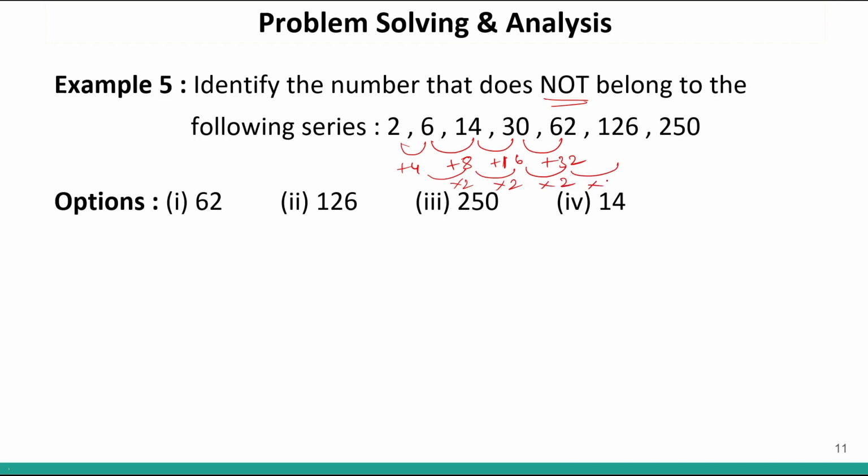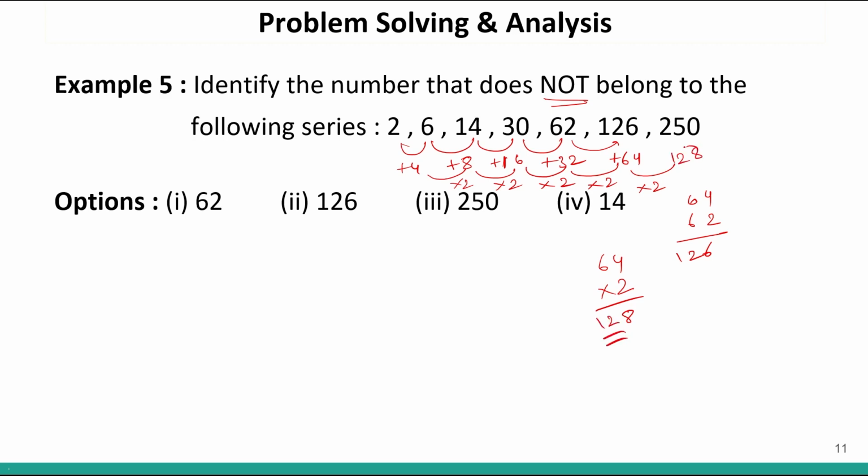So if I multiply 32 into 2, I'll get 64. So 62, 126. 64, if I add 62, I'll get 126. So correct. Then again, we'll multiply this by 2. 64 into 2 will give me 128. Right?